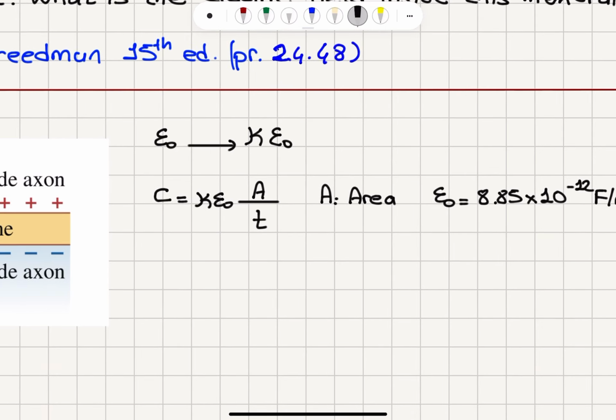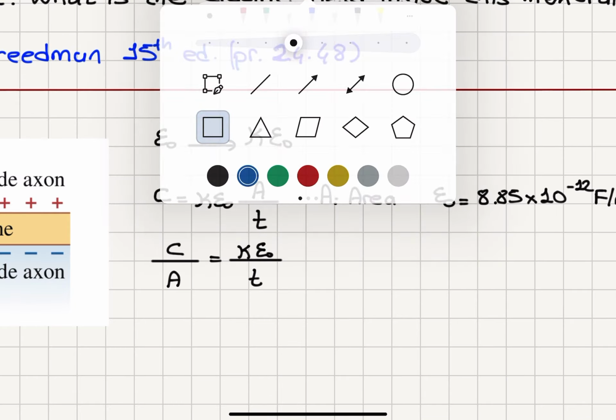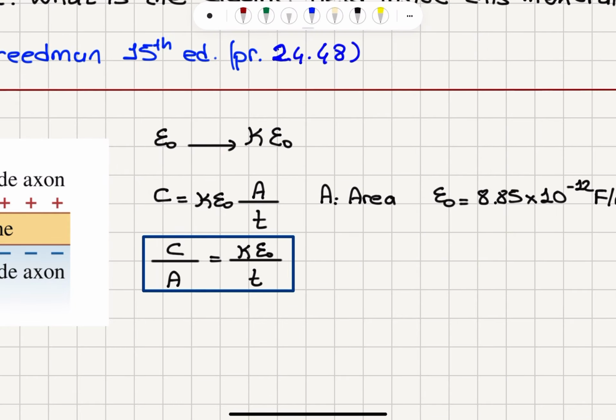Okay, so we have the capacitance per area for this wall, C divided by A, is kappa epsilon 0, dielectric constant times permittivity of free space, divided by the thickness T. So that's the answer we're looking for.